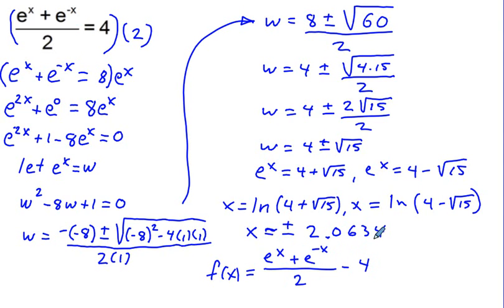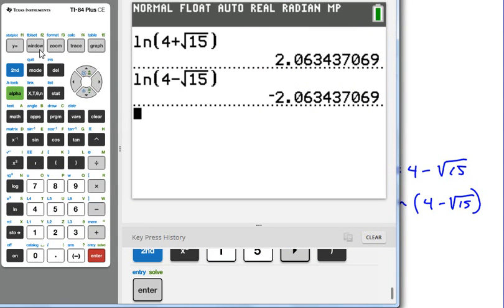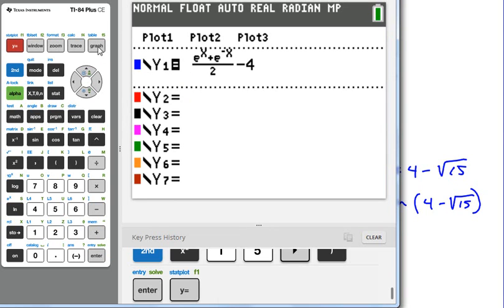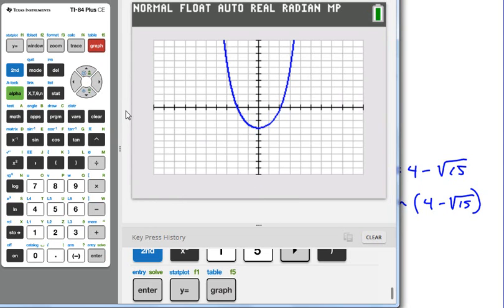So when we graph this, we should see the same solution set. So we come here, and here is the function entered, and then graphed. We see the x-intercepts here, plus or minus 2.06.